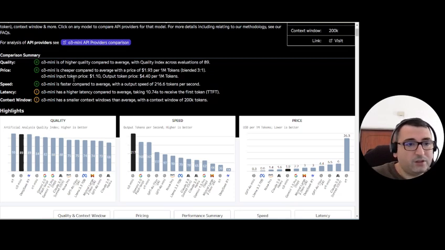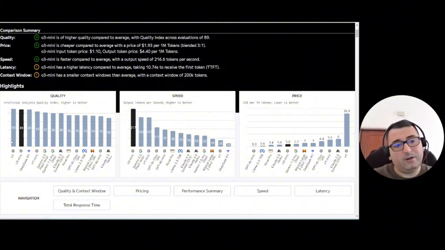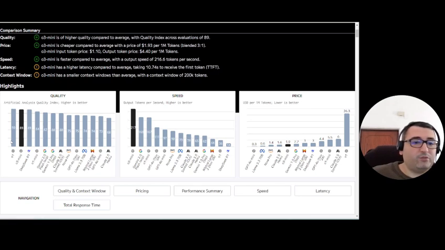We can see in this graph a quality summary which shows that the O1 model, which I believe is the Pro model, is slightly better than the O3 Mini model in terms of quality overall. And I believe this relates to the O3 Mini, which is released also for free users, plus people that have the Plus subscription.